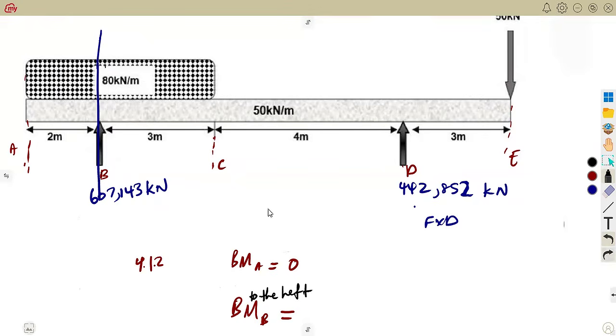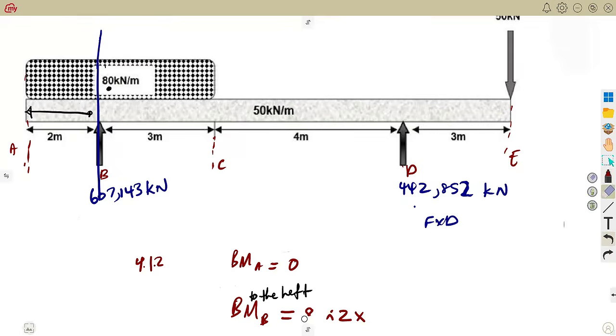So to the left of B, there is a distributed load of 80 kilonewton, which is covering what? 2 meters to the left of B here. It is covering 2 meters. So it is going to be just like what we had, guys, previously. So you're going to have 80 times what? Times 2, then times the, okay, this one is actually a negative.